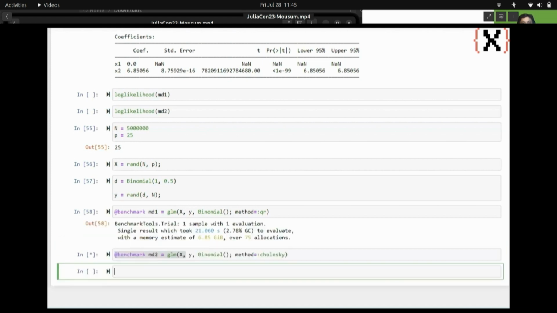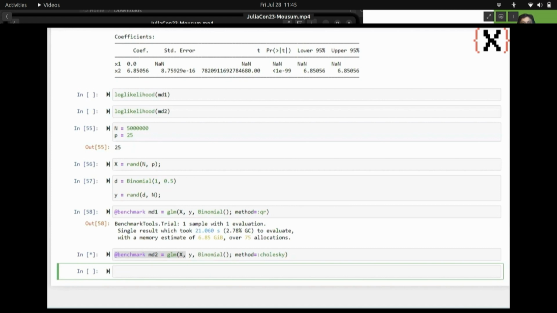And QR decomposition will require more memory. We can see that the QR decomposition estimated memory size is 6.85 GB in this case, and it took 21 seconds to perform the logistic regression using QR decomposition.